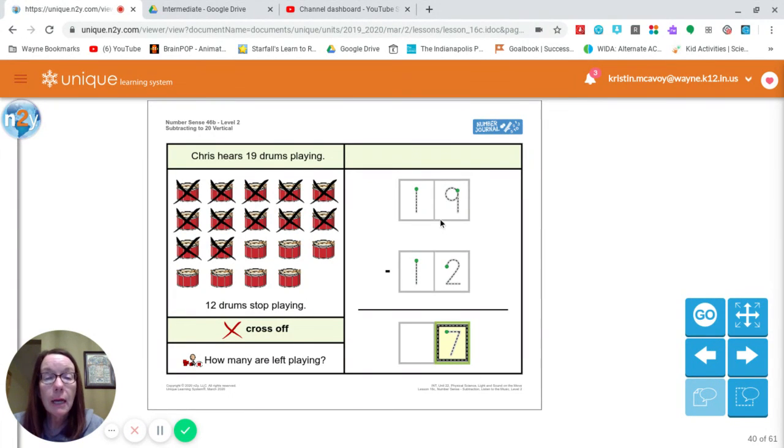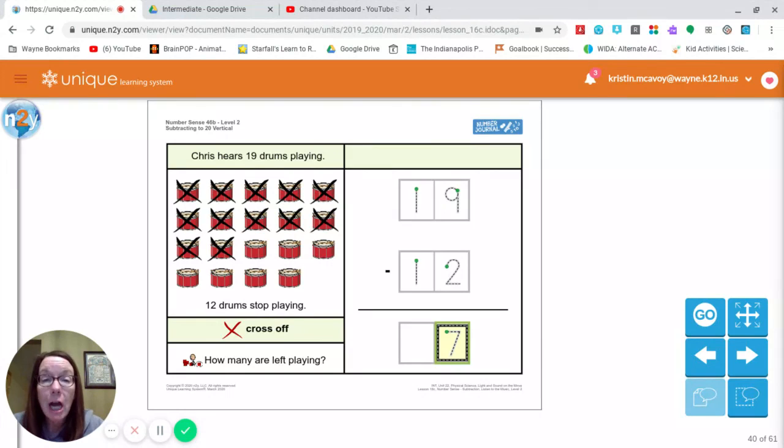If you were using touch points and counting backwards, you would say 9, 8, 7 to get to the number 7. And then 1 minus 1 equals 0. And if you have a 0, then you can leave that blank because there are no 10s. And that's the answer to that problem.